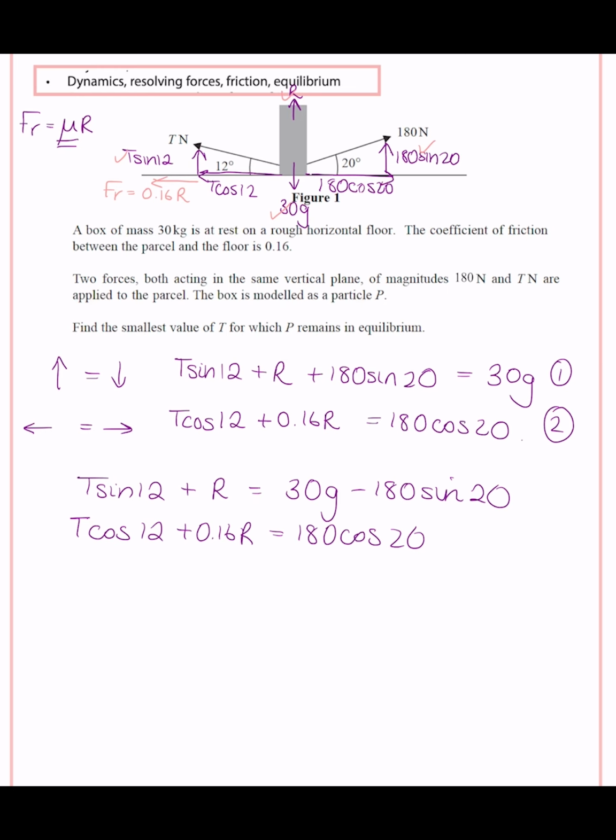Now we want the x value, so your smallest value of T is 139.652... So we're just going to say 140 newtons. And that would be your smallest value of T for which it remains in equilibrium. I hope that makes sense.